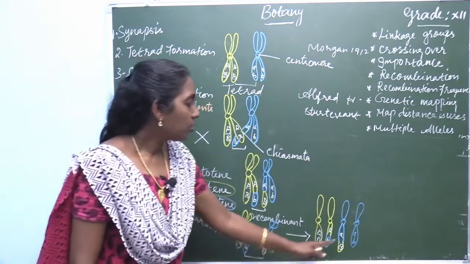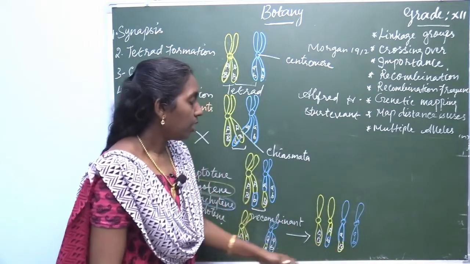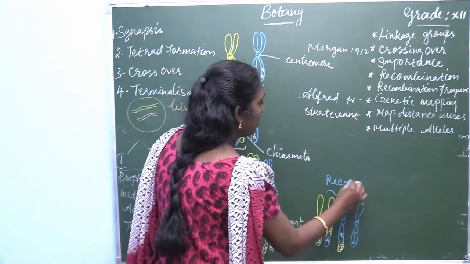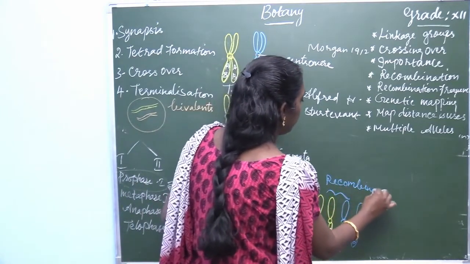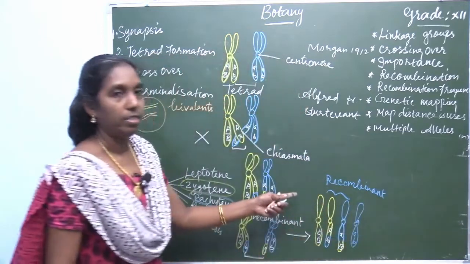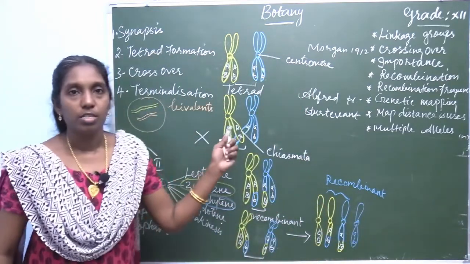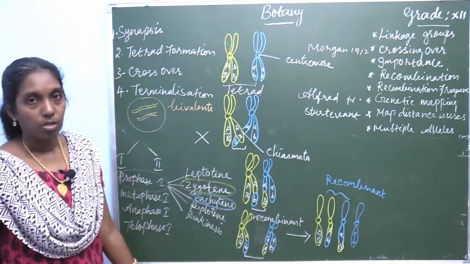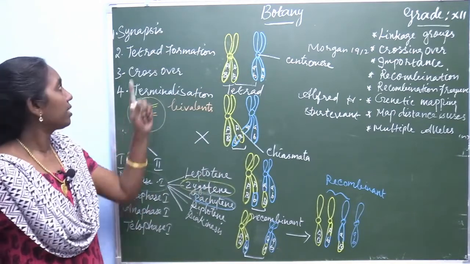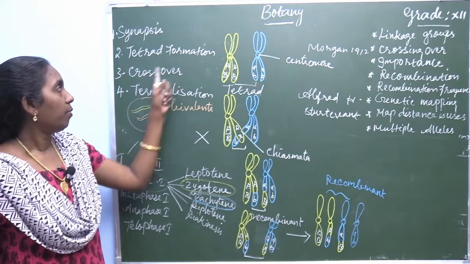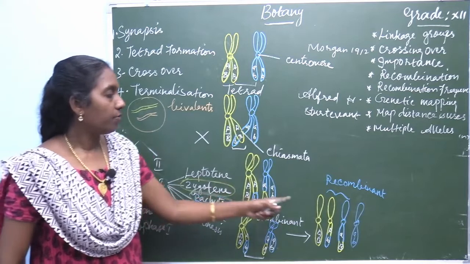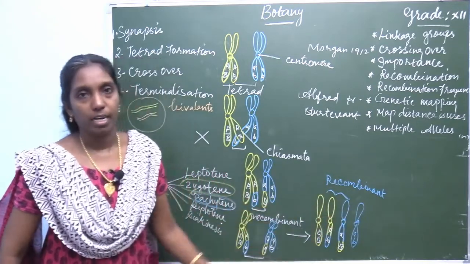These two are parental and these two are recombinant genes. This question is very important, for 5 marks. The mechanism of crossing over involves four stages: synapsis, tetrad formation, crossover and terminalization. As a result, recombinant genes are formed.